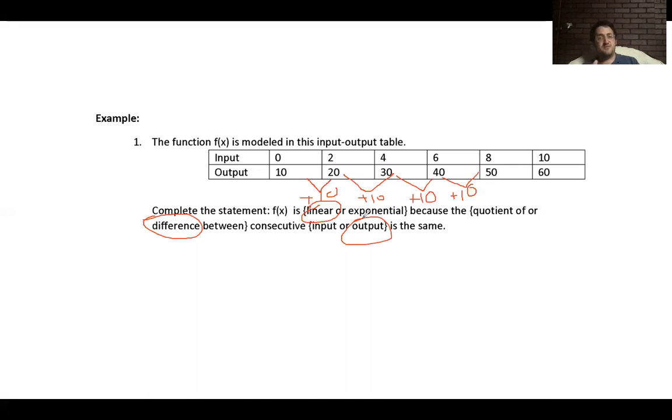So my output goes from 10 to 20 to 30 to 40 and so on. So we're looking at the output relationships and not the input relationships. So assuming that the input goes up at the same rate, we are looking at the output.